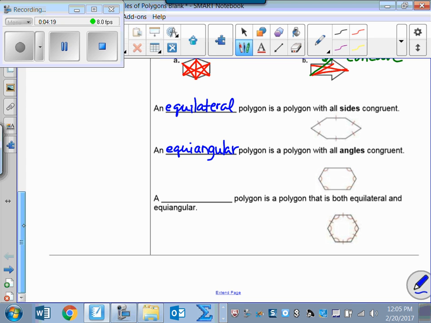And finally, what if we have a polygon that has all of its sides and all of its angles congruent? We just call that a regular polygon. So when you see that term, a regular polygon, you know that that means all of its sides and all of its angles are congruent.